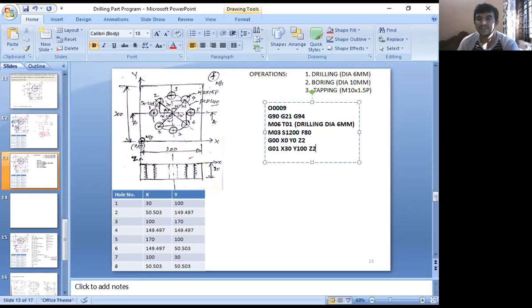What type of operation? First I'm going to do the drilling operation. Now how do you call the cycle? G98 or G99. Now check here. The diameter of the drill bit is 6, and the depth of the hole is 20.